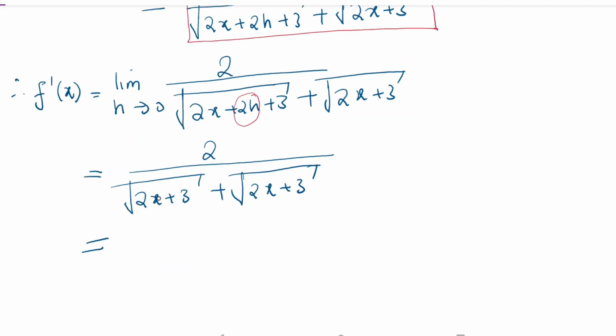But this is the same thing, so this is just twice, and this is 2 over twice the square root of 2x plus 3. The 2 and the 2 cancel, so that this becomes 1 over that, and we are done.